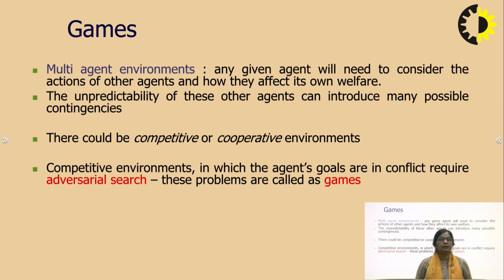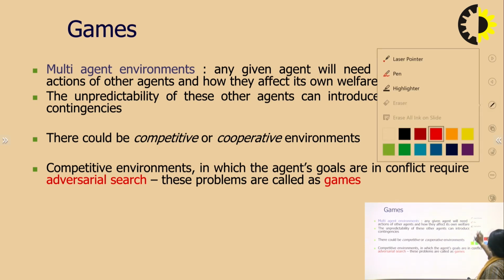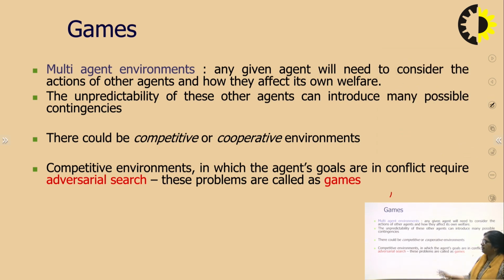When one agent is working in adversary to another agent, then it is competitive. For example, games. Competitive environments require a different type of searching, which is called adversarial search. These problems are called games. So, we have a competitive environment here.